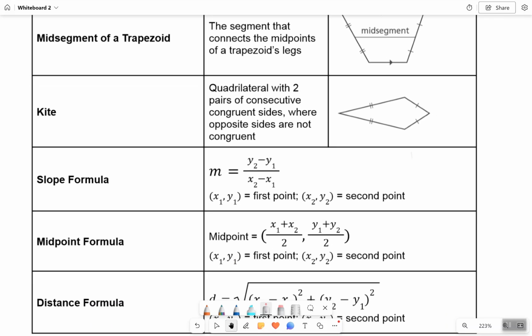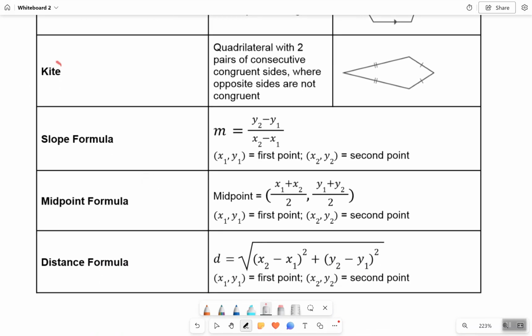Guys, another quadrilateral that's kind of unique is called a kite. The kite is a quadrilateral with, I'm going to highlight this, and you might want to underline it, two pairs of what? Consecutive. When I say consecutive, they're right next to each other. So notice this side and this side. This is 5, and this would be 5.